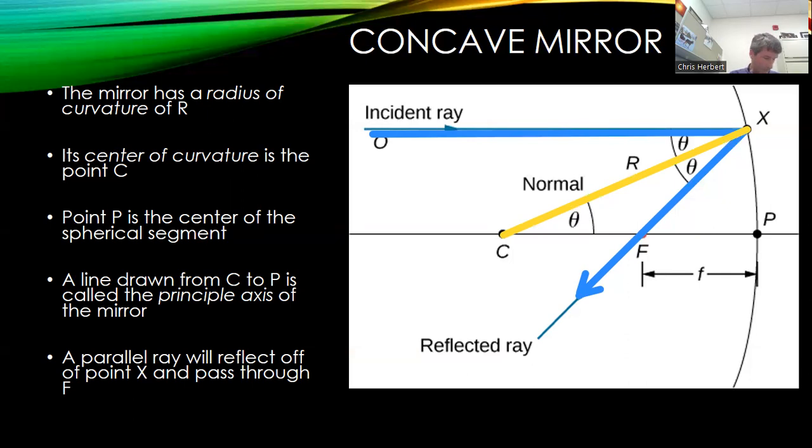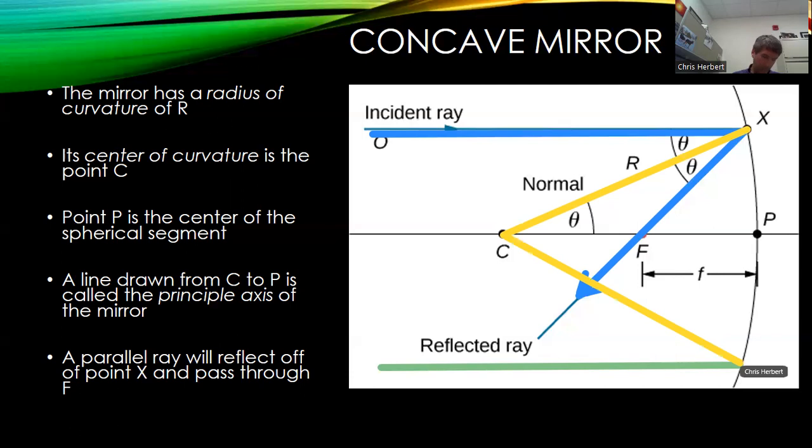And you can do that for just about anything. If I have a ray right down here, again, if I draw my normal from C to the point that ray hits, and as we are required, we must reflect at the same angle that we came in.